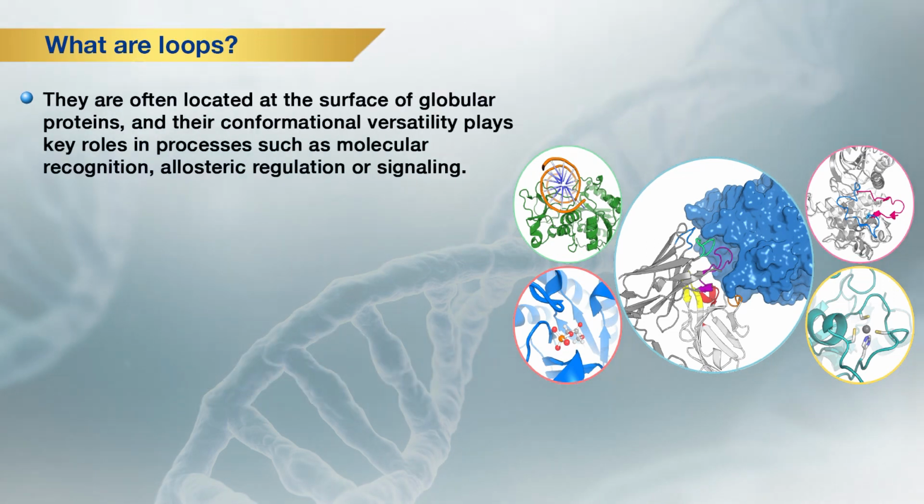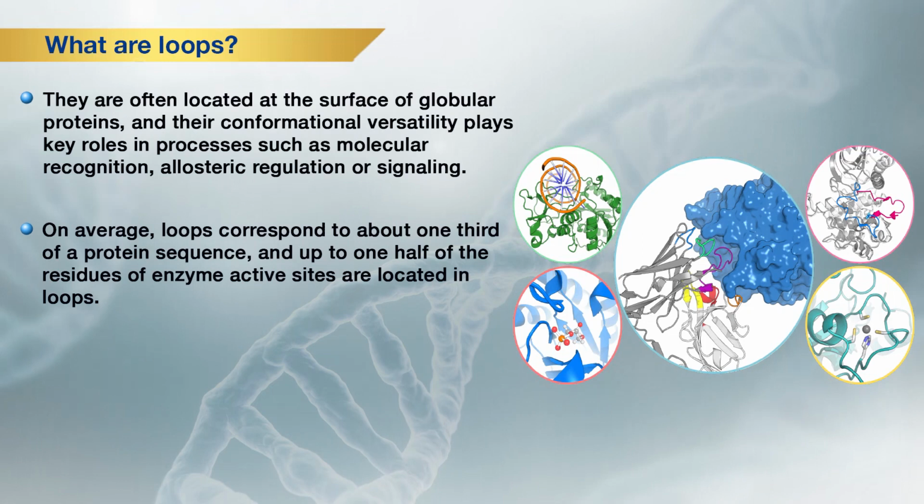They are often located at the surface of globular proteins, and their conformational versatility plays a key role in processes such as molecular recognition, allosteric regulation or signaling. On average, loops correspond to about one third of a protein sequence and up to one half of the residues of enzyme active sites, where they are located.